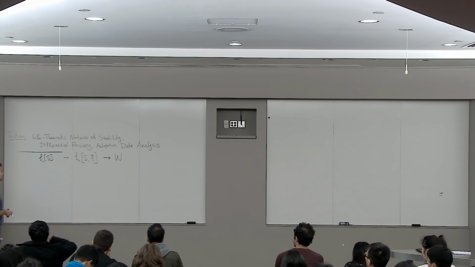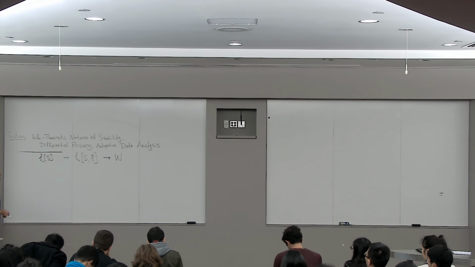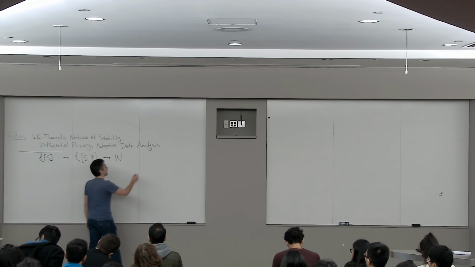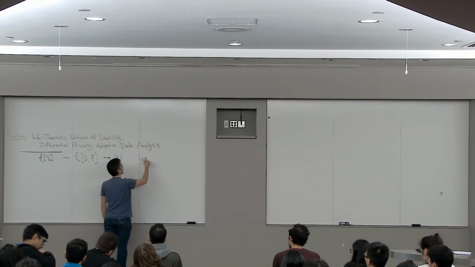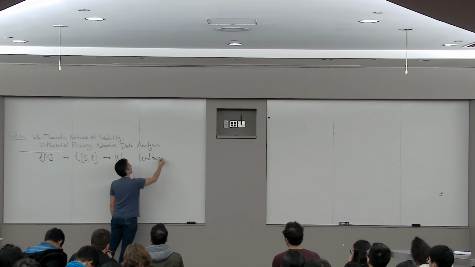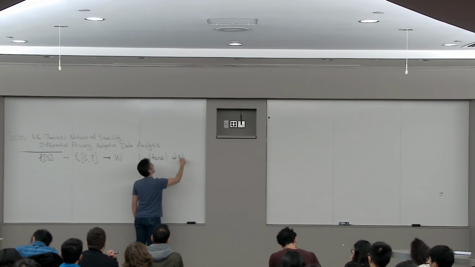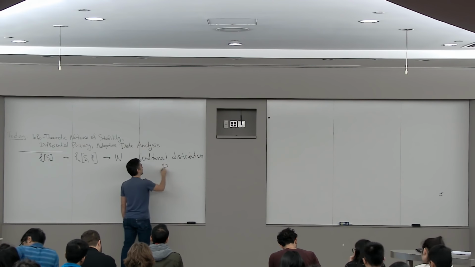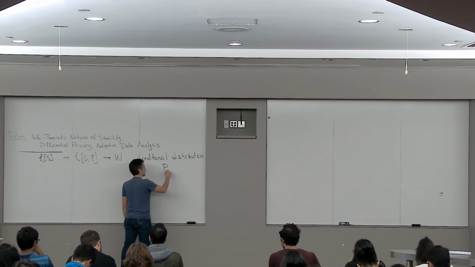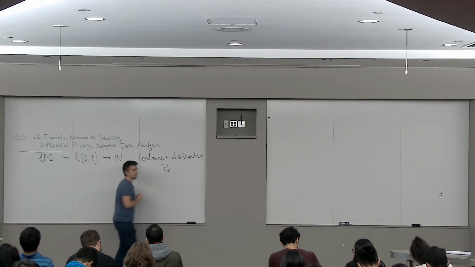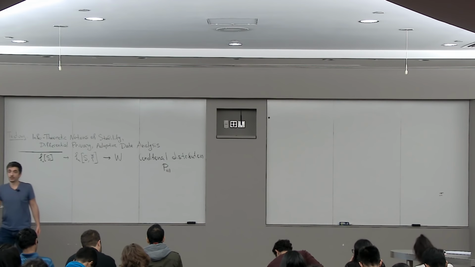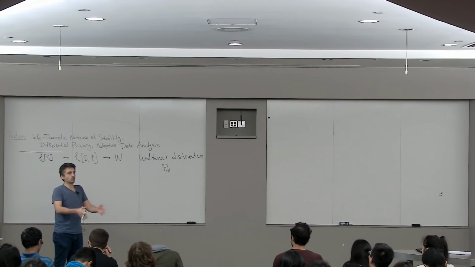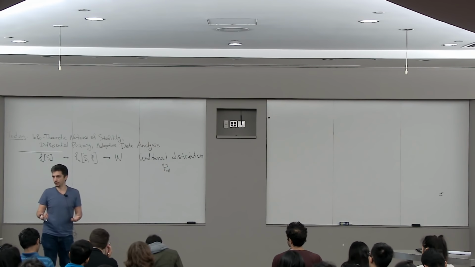Once you have this, you have a conditional distribution, and we're going to denote it by P subscript W given S, where S is a value of the data set. Given that you have this data set, this is the probability distribution over the hypothesis that you're going to generate.